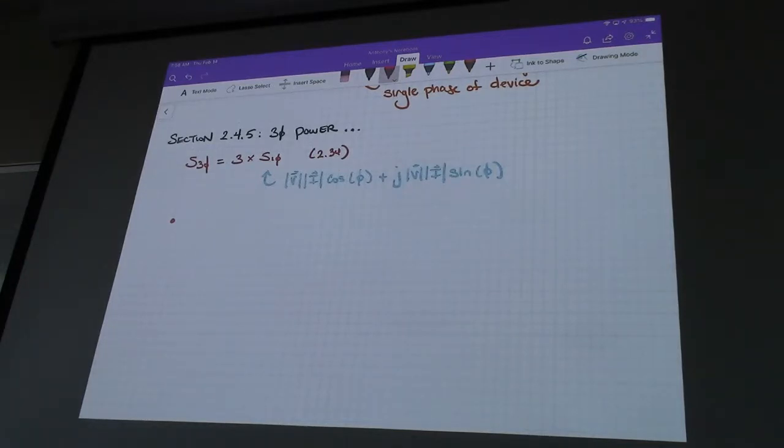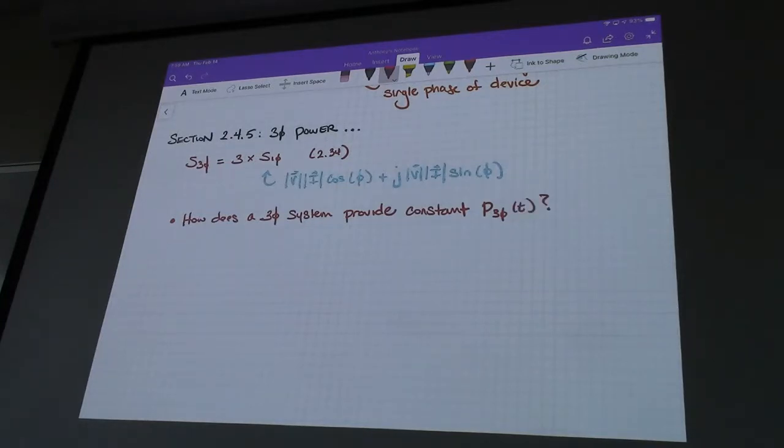So how does a three-phase system provide a constant value of P three-phase of t?